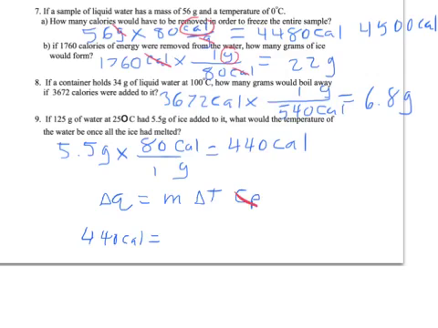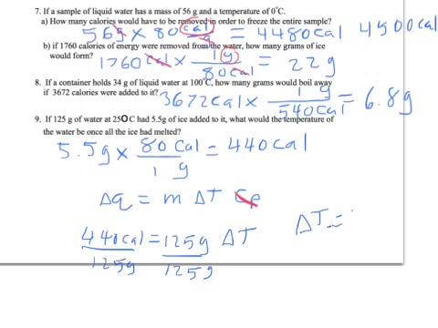The mass of the water sample I see from up here is 125 grams. And what I want to find is the delta T. So I simply have to divide both sides by 125. And when I do that, I find that the delta T in this case is equal to 3.52 degrees Celsius, and that's being taken away from the starting temperature of 25.